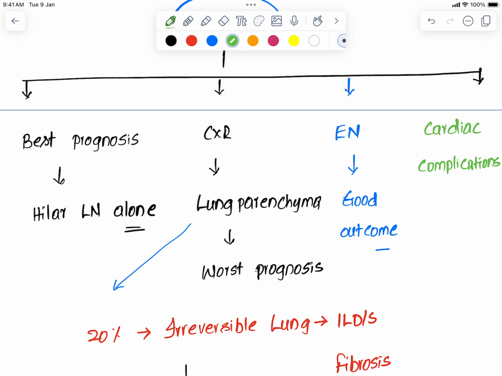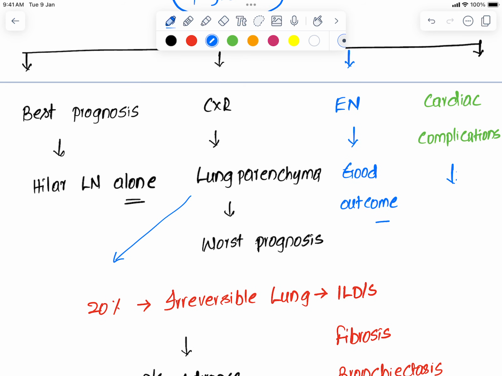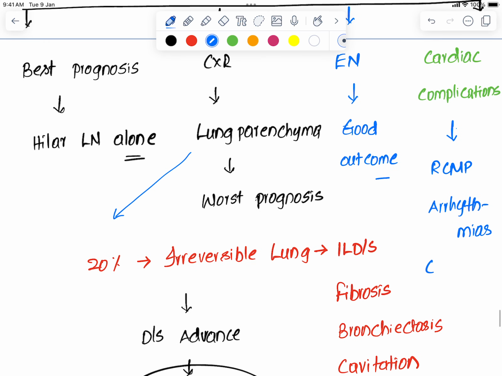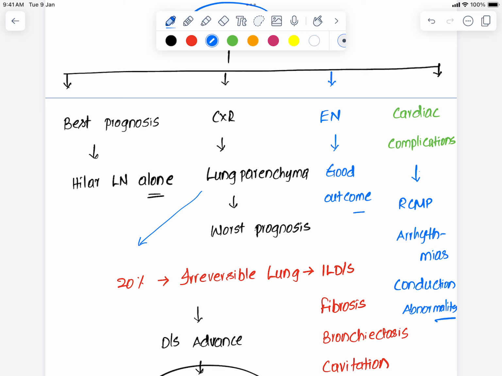The cardiac complications will be myocardial sarcoidosis, which will lead to restrictive cardiomyopathy, arrhythmias, and there can also be conduction abnormality. So these will be the cardiac complications.